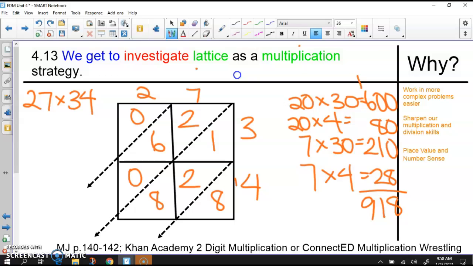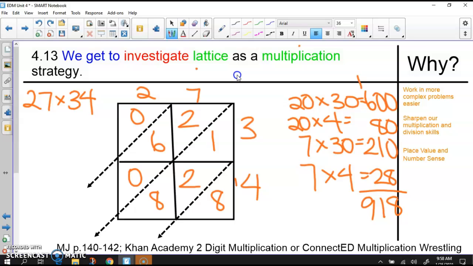All the digits that landed in the hundreds place, a 2, a 6, and a 0, and another 0, actually. And did any digits land in the thousands place here? No.